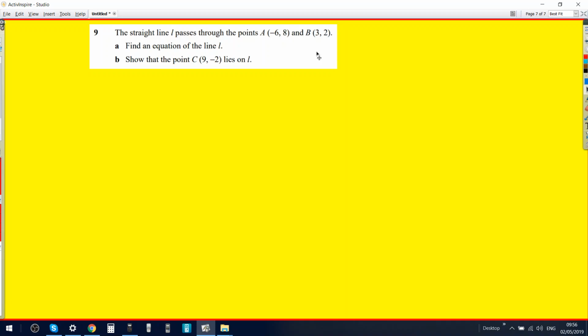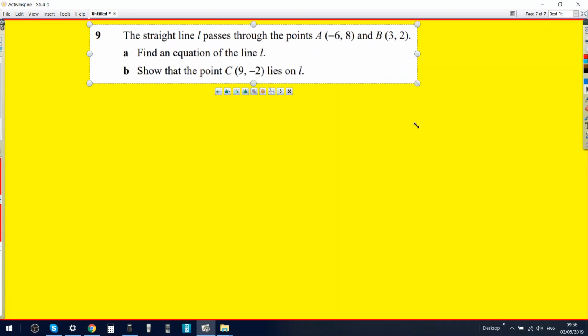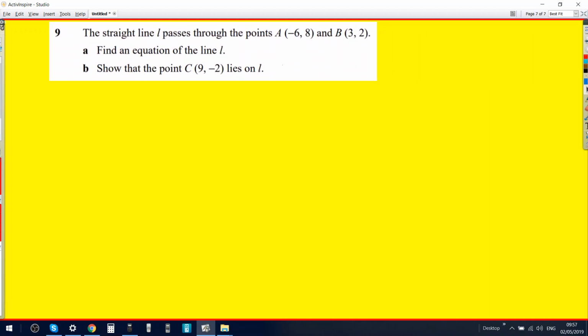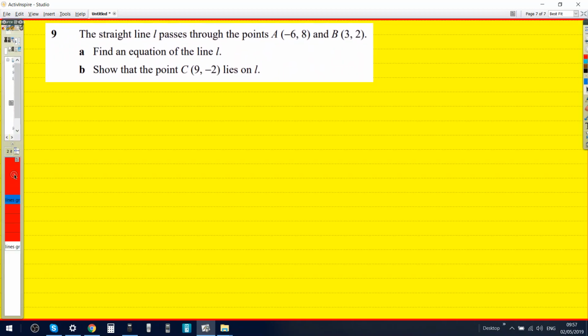So, the equation. I'm just going to go with what we've just been doing again.